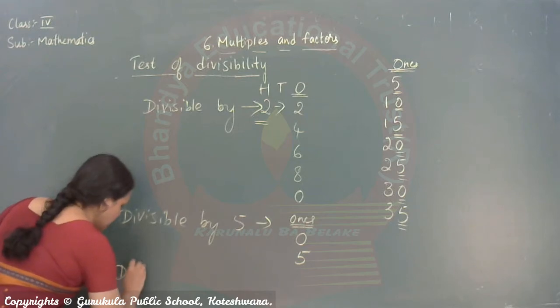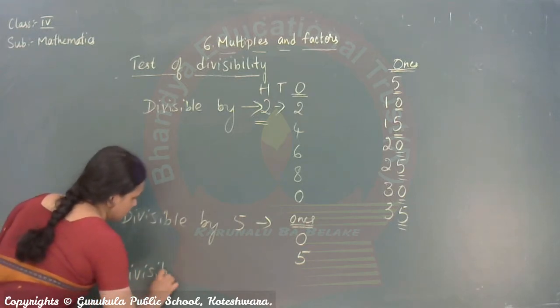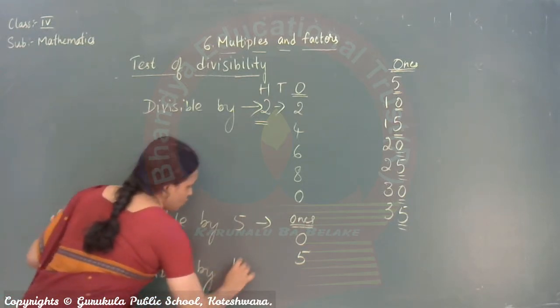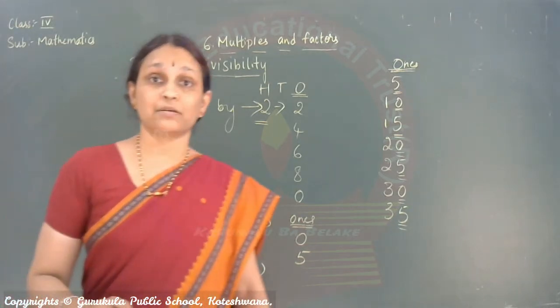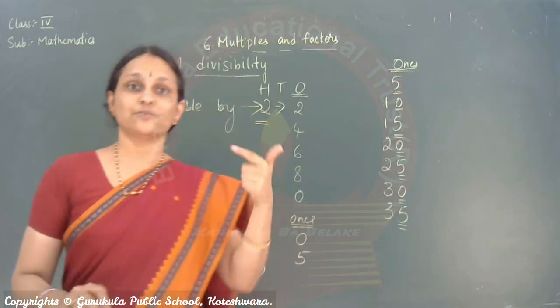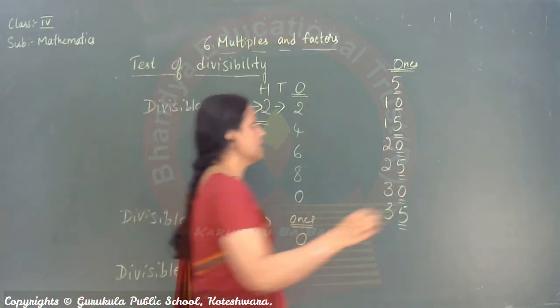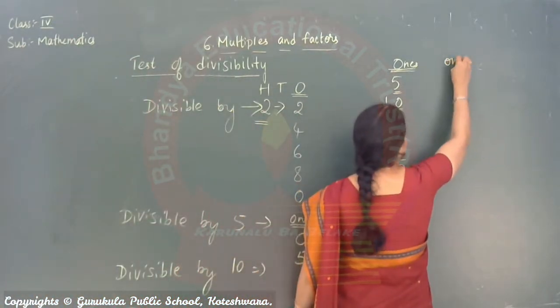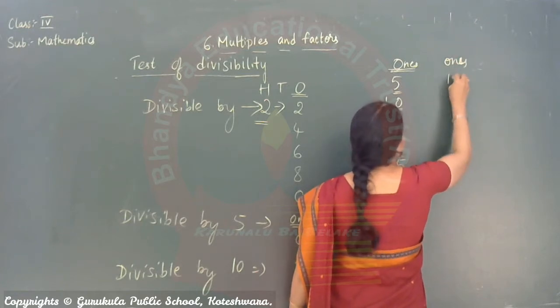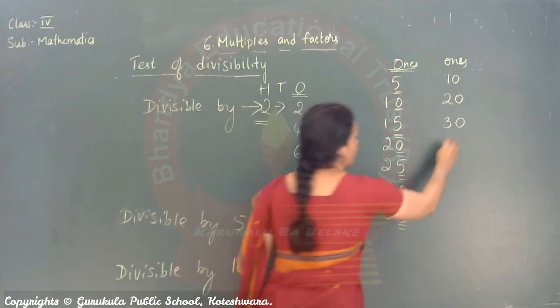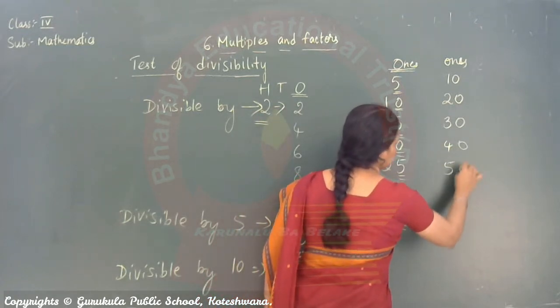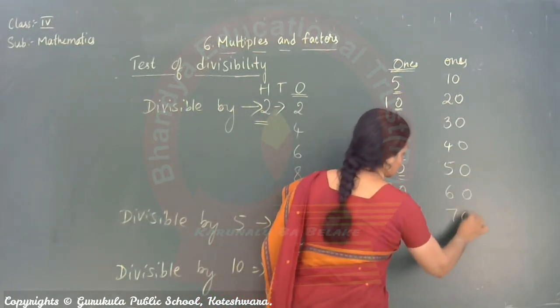Now, divisible by 10. It is very easy, children. What should be there in the ones place for divisible by 10? 10 ones are 10, 10 twos are 20, 10 threes are 30. Just write the tens table. 10 ones are 10, 10 twos are 20, 10 threes are 30, 10 fours are 40, 10 fives are 50, 10 sixes are 60, 10 sevens are 70.